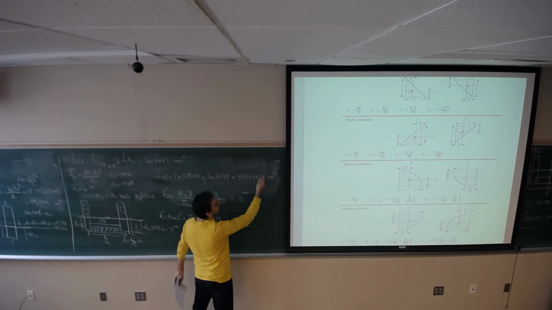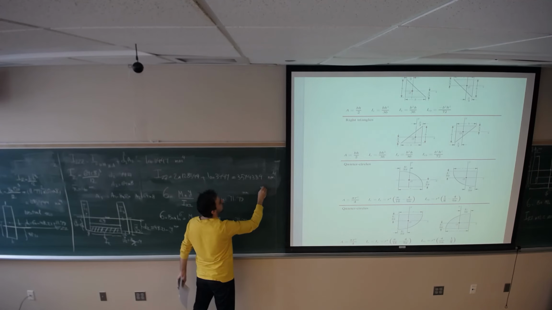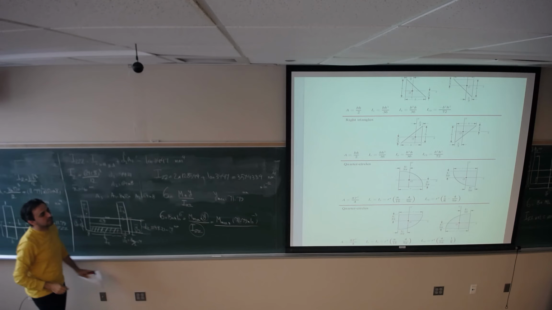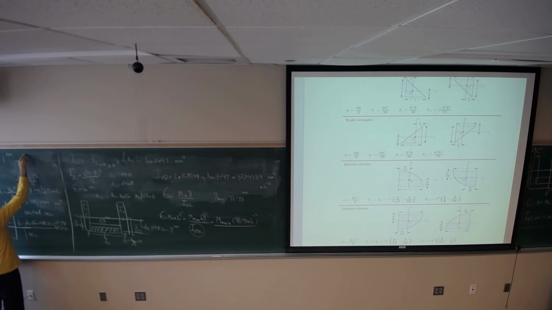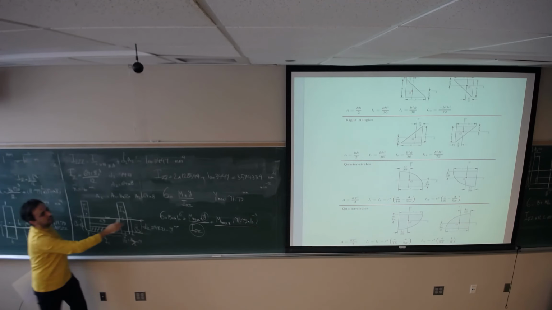If I want to change it to meter, I should multiply this by 10 power negative 12, because 1 millimeter is 10 power negative 3 meter, so 1 millimeter power 4 is 10 power negative 12.